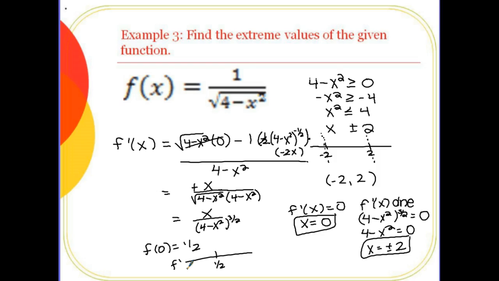So if you plug 0 into your derivative, which is here, you're going to get, so maybe that's a bad choice. Plug in -1. So -1 on top, so negative on top.